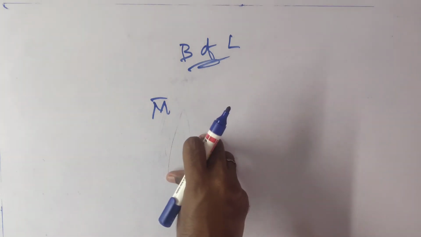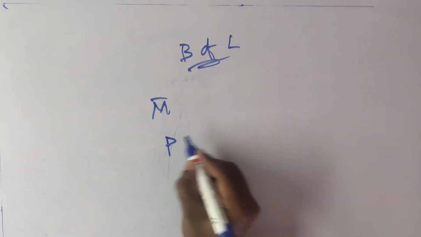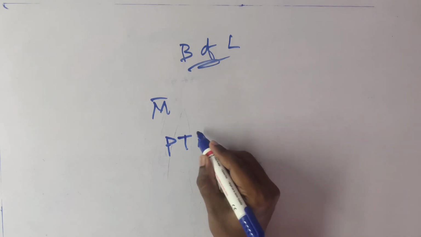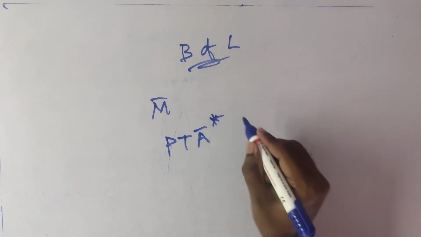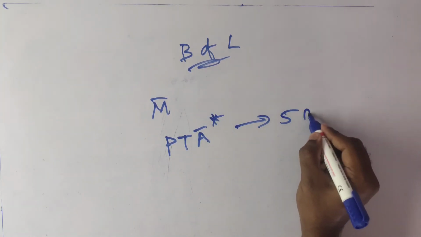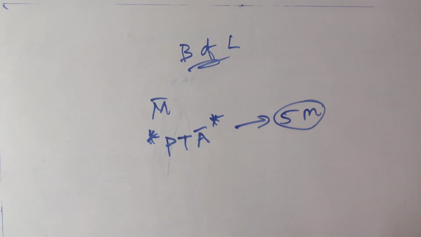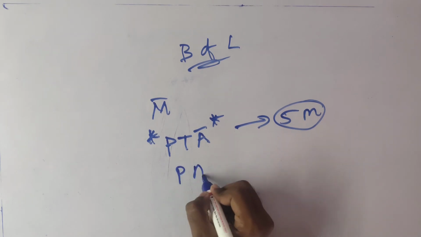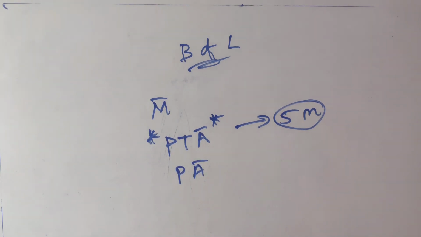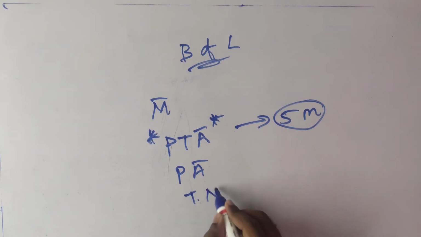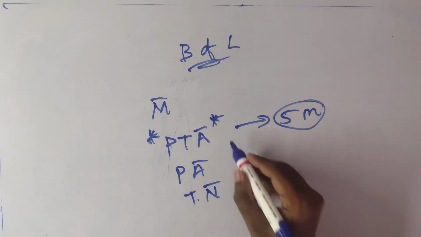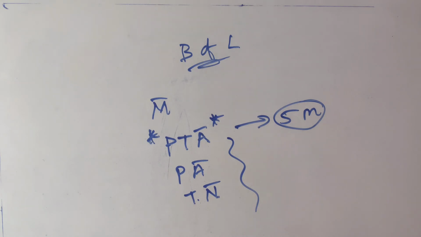In this concept, the posterior tibial artery is the most important question for 5 marks, as well as the peroneal artery, also important for 5 marks, as well as the tibial nerve. These three are most important for 5 marks.